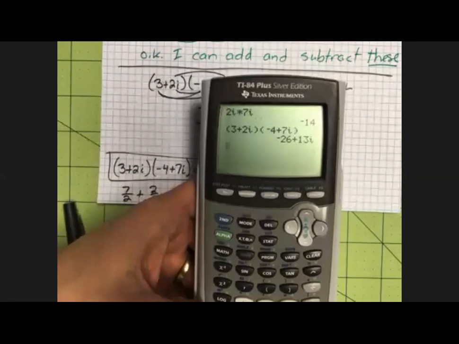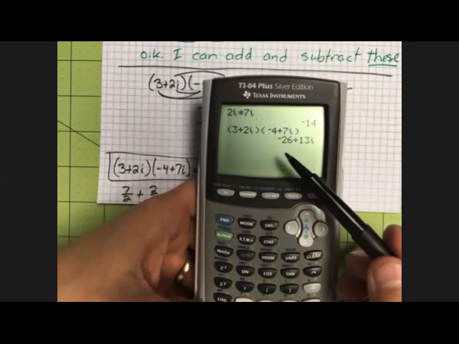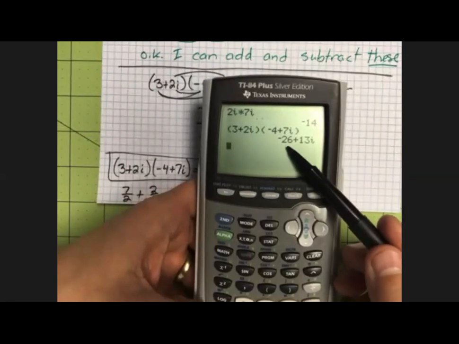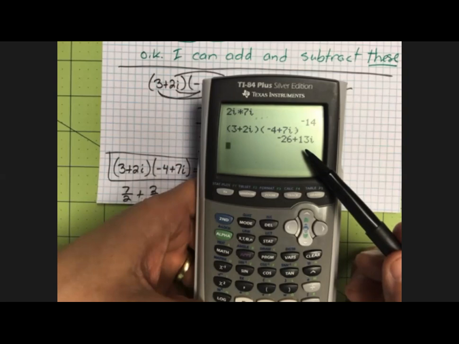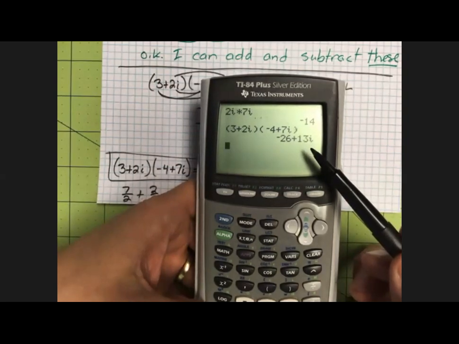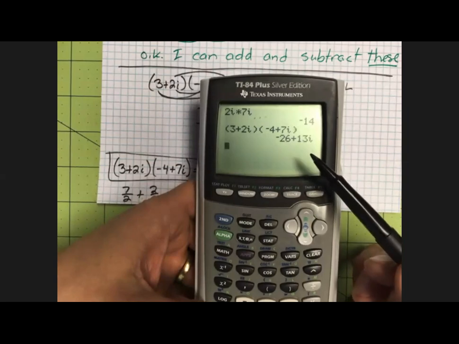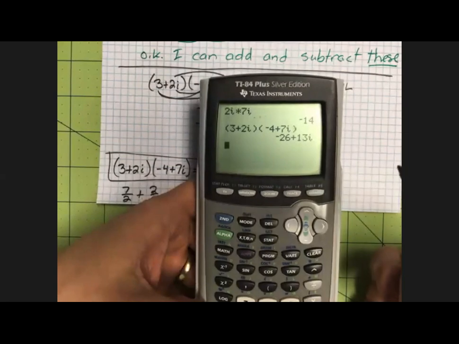Now, by the way, there is a proper way to write these numbers. Whenever you write a complex number, people insist that you write the part without the i and then the part with the i. Never write it backwards, or people will just think you're uneducated, rude, whatever.